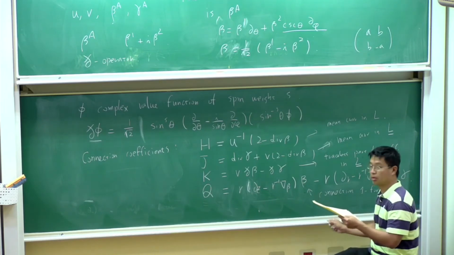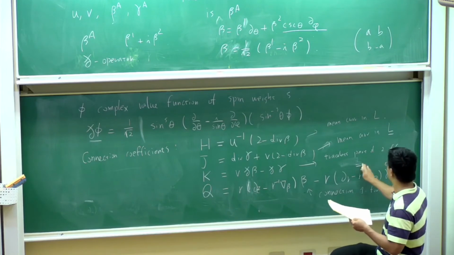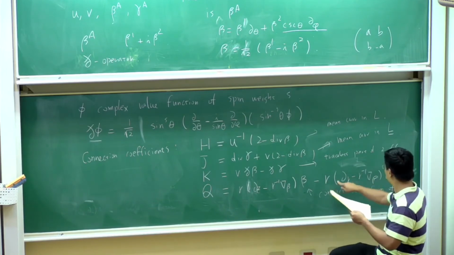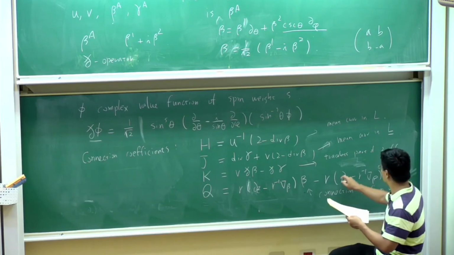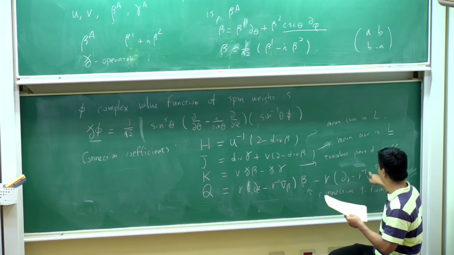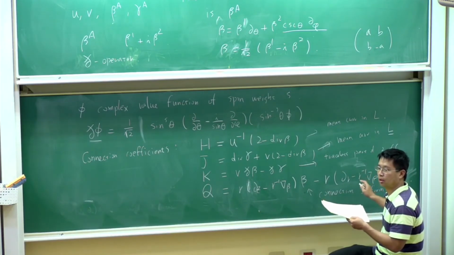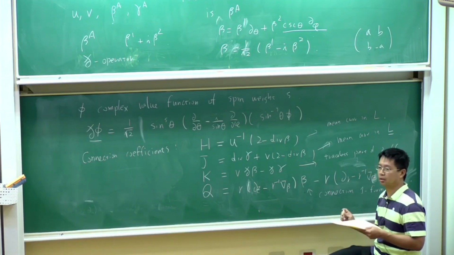What is the last term in Q, capital Q? What is that? Gamma plus, this operator applies to gamma. What is that operator? D_DR minus R to the minus 1 gradient beta. Oh, that's a beta.